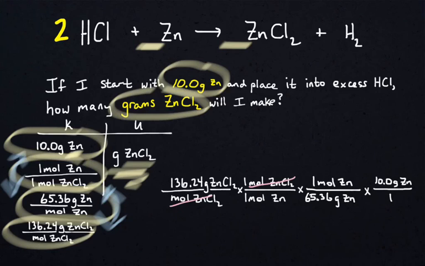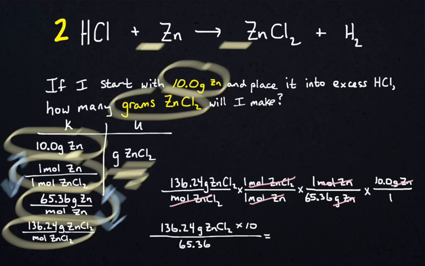So mole ZnCl2 over mole ZnCl2 cancels, mole Zn over mole Zn cancels, and gram Zn over gram Zn cancels. All right. Order of operations says that I've got to multiply everything separately before I divide, and so I'm going to multiply 136.25 grams ZnCl2 times 1 times 1 times 10 over 1 times 1 times 65.36.